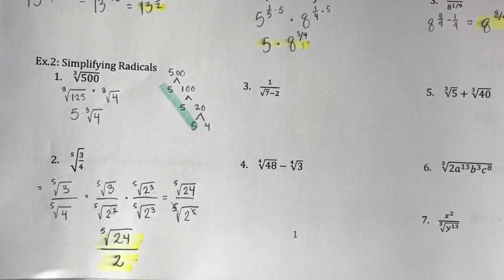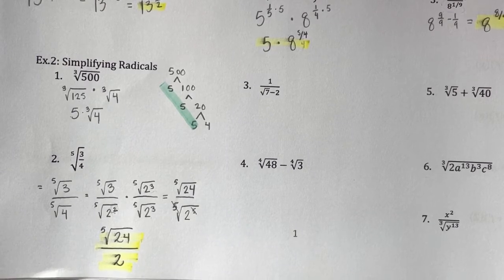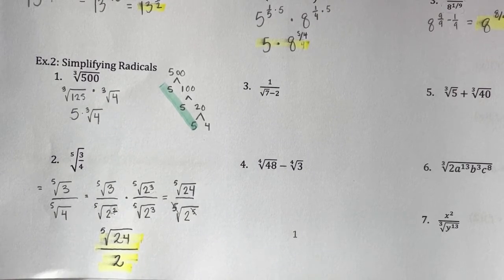And then for number 3, it's 1 over root 7 minus 2. So when we just have a radical in the denominator, usually it's easy, we just multiply by another radical to cancel it out. But when you have a radical and another term, you have to use the difference of squares pattern in order to cancel it out.